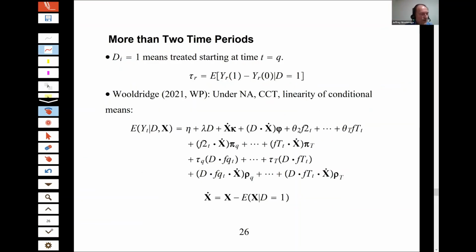Okay, so I don't have too much time to get to the frontiers, but I want to comment on something here. In my working paper, the first thing I did is I said, well, what if we have multiple periods before and after the intervention? That means we have multiple treatment effects, because we can have a separate treatment effect for each of the treated periods.